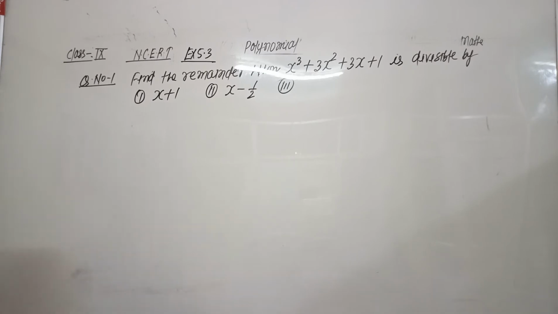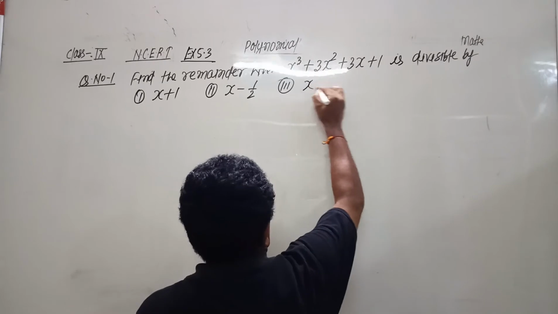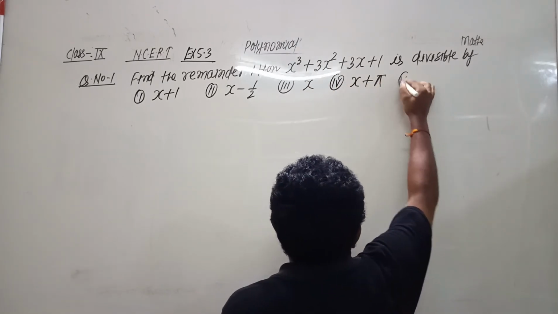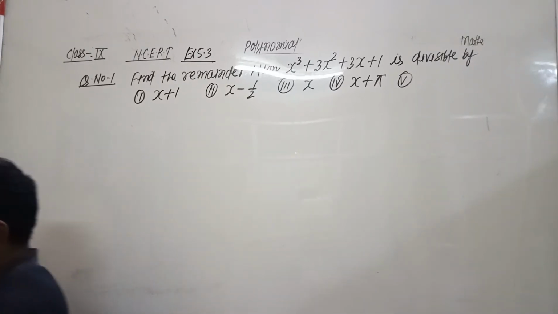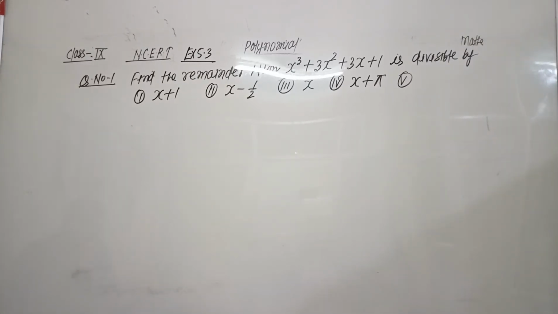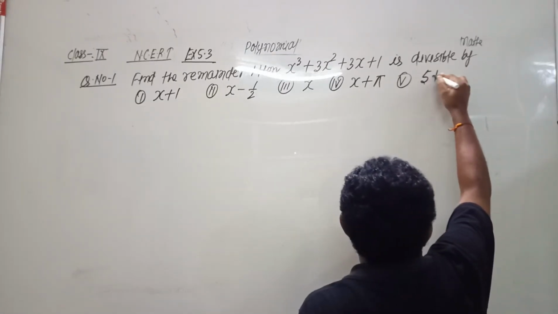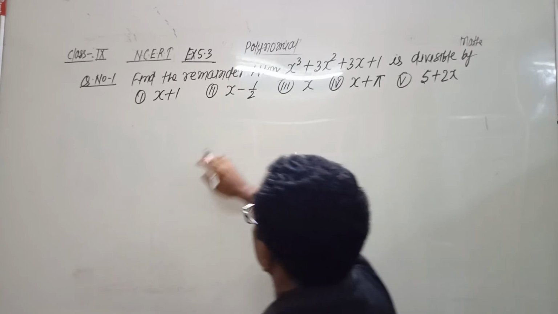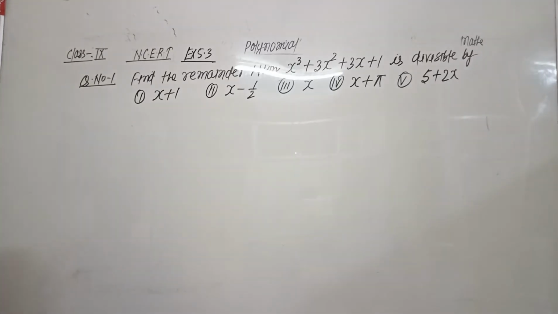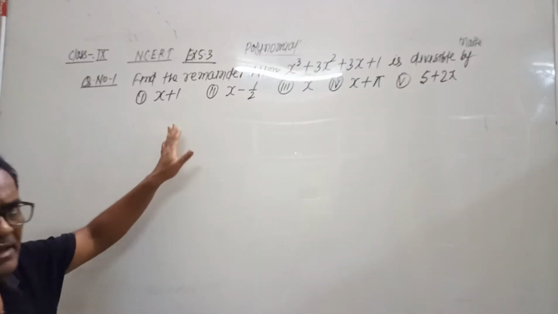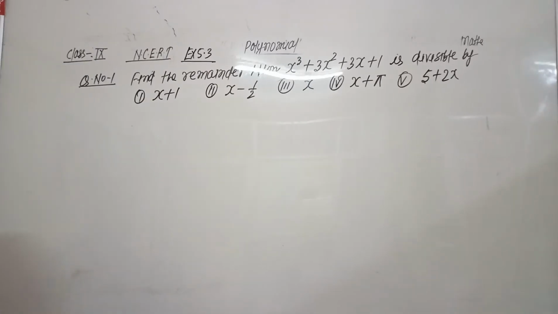The fourth part is x plus 5. And the fifth part is 5 plus 2x. So in each of the cases, we have to find the remainder, and the condition is that this polynomial is divided by x plus 1, x minus 1 by 2, x, x plus 5, and 5 plus 2x.